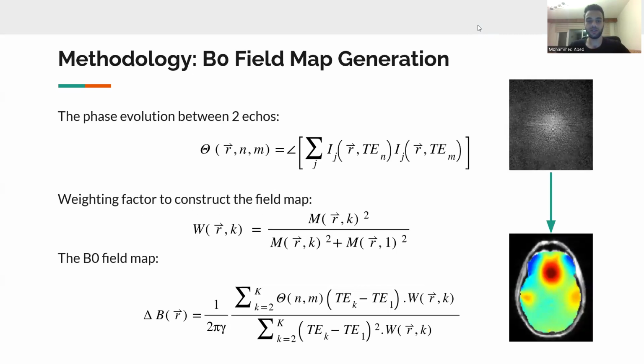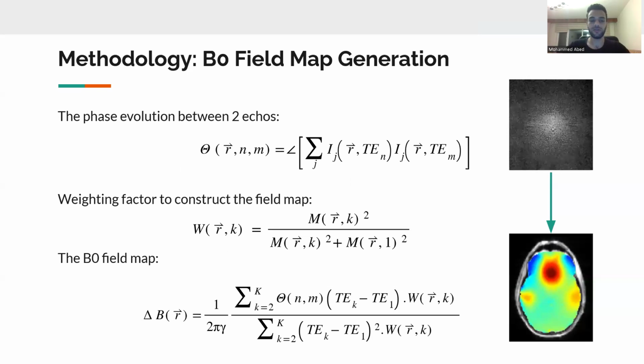To generate the B0 field map, I followed 3 simple steps. First of all, I had to estimate the phase evolution between 2 echoes, and I did that by taking the Hermitian inner product of the complex signals at different echoes.